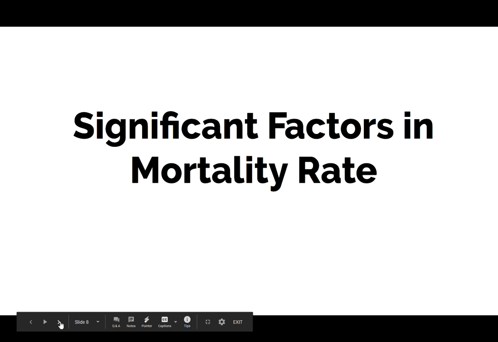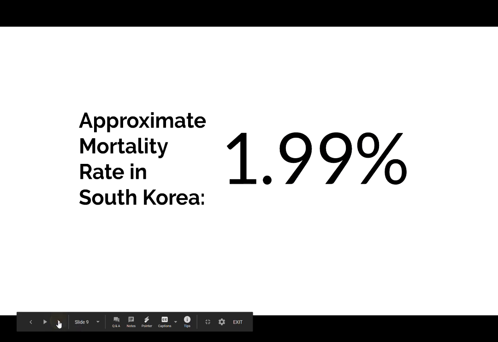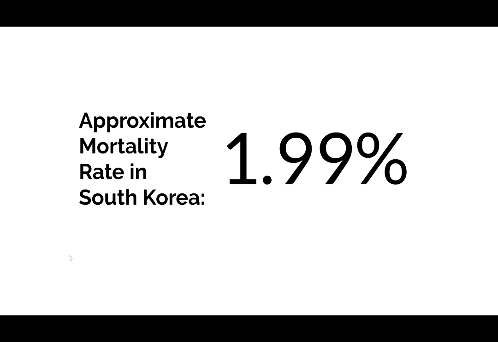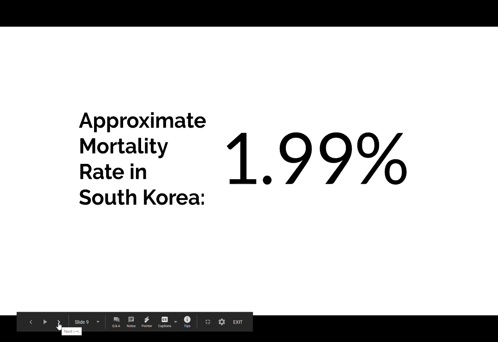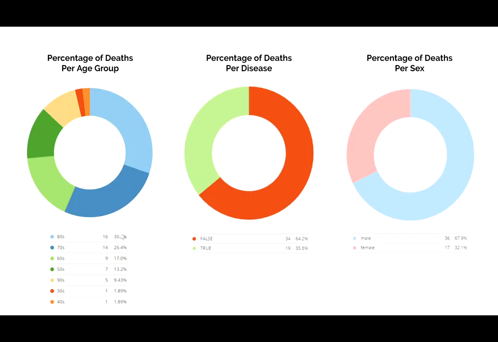And then I looked into significant factors in mortality rate. I did this by just separating the people who died from COVID-19 on the data frame into a separate data frame. And so the approximate mortality rate in South Korea for this disease is 1.99%. And so these are the corresponding deaths.